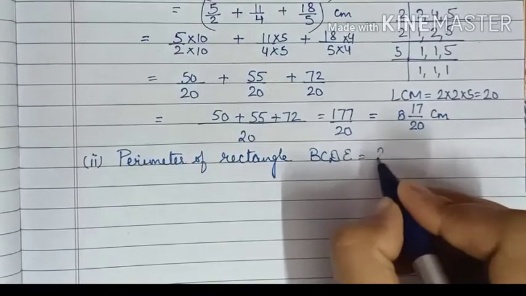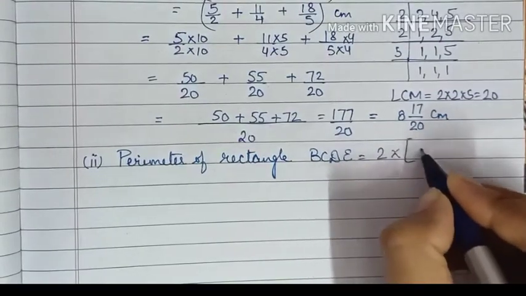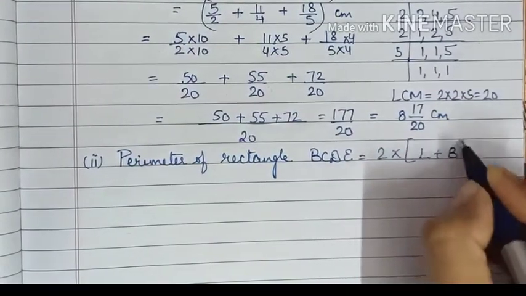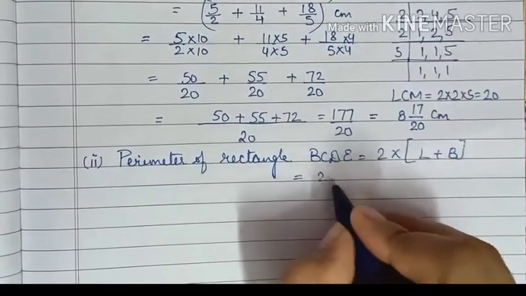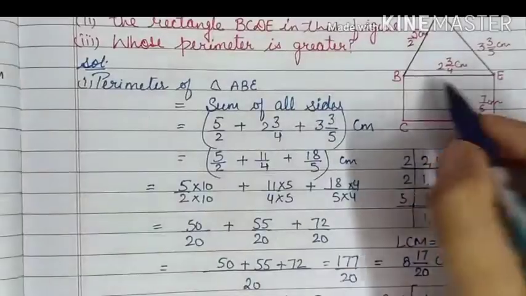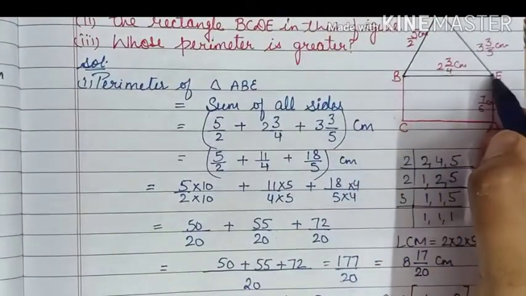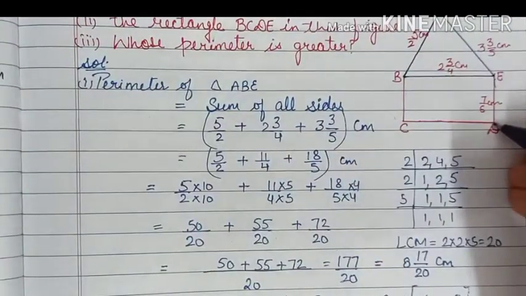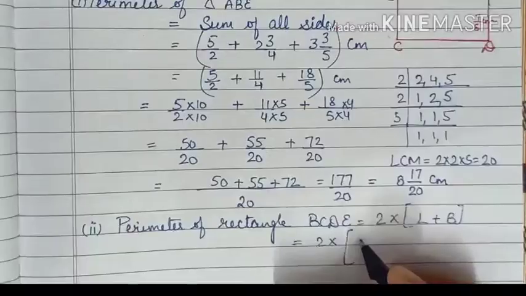For that we will use the formula 2 into length plus breadth. So here length is 2 and 3 by 4 centimeter and breadth is 7 by 6 centimeter.